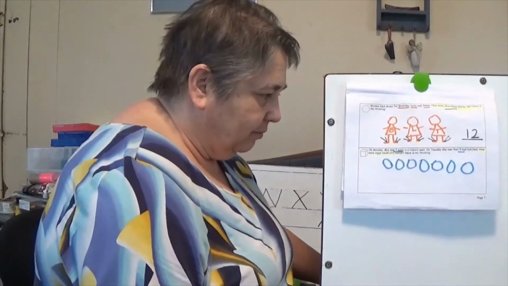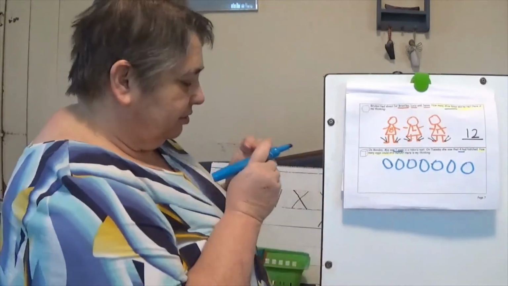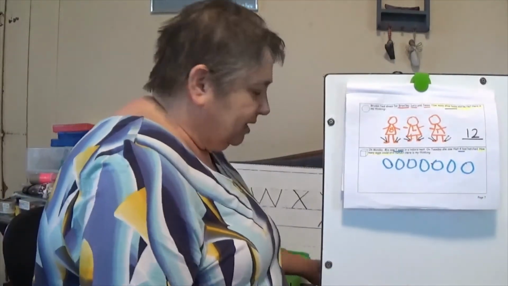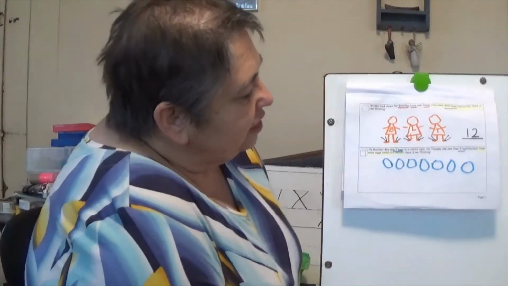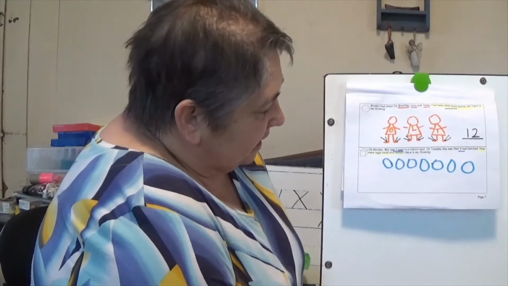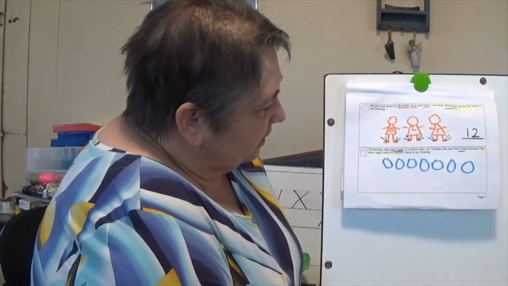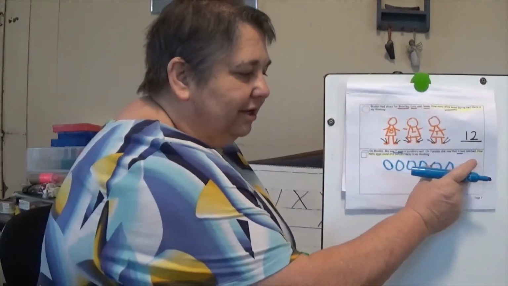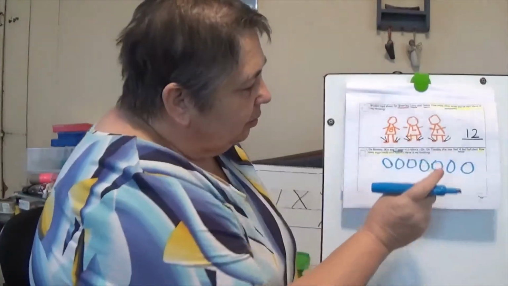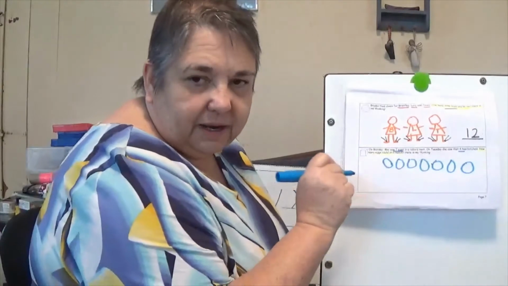All right, and then what are we going to do? Hunter, what's going to come next? Hunter says we need to show that 4 of the eggs have hatched. Now, we could show that in a lot of different ways. We could turn 4 of them into chicks. We could show that they had hatched by putting cracks.